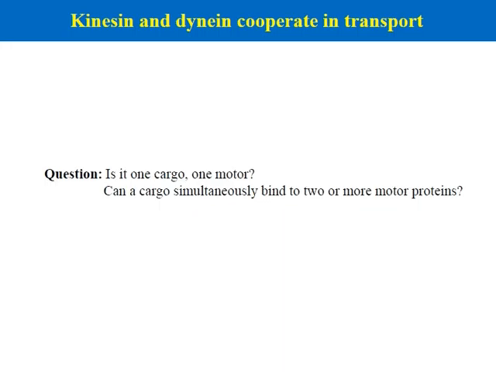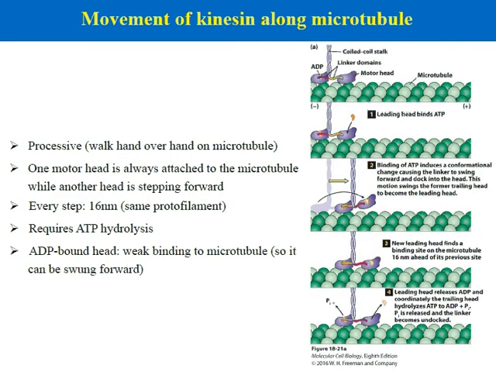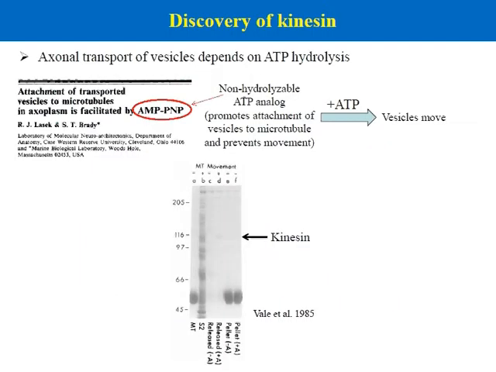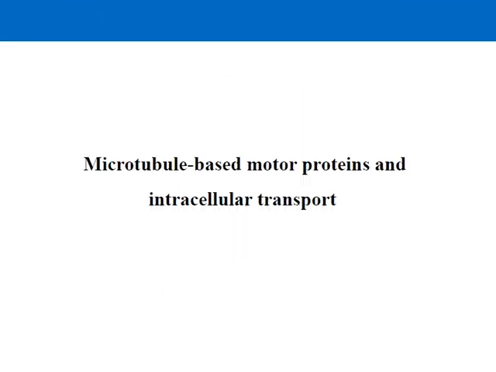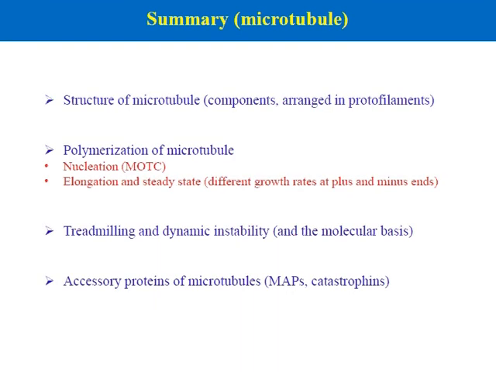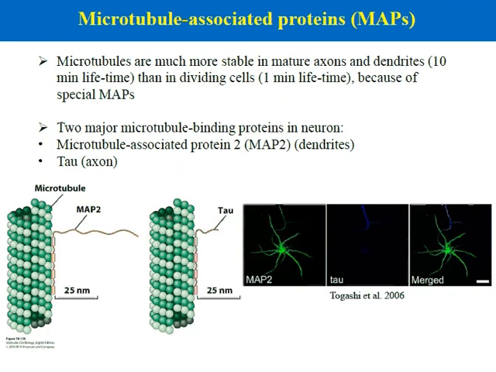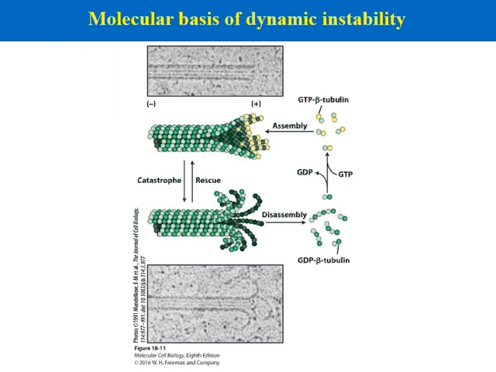This is something that you always ask for. So what I want you to look for information on in the next couple of days is, is it true? Is it always one cargo, one motor? And if a cargo is simultaneously linked to two motors, what happens? It's something that you might want to look into.